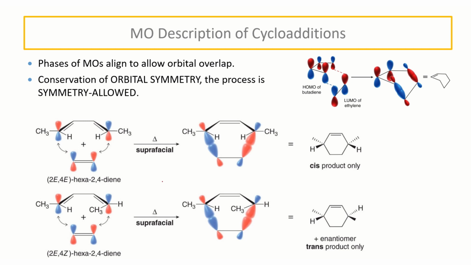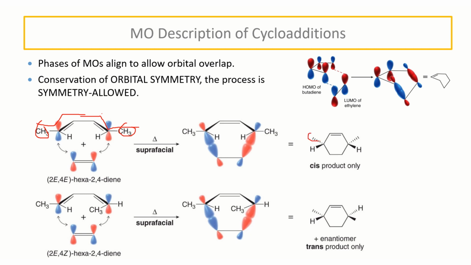Here you can see exactly why the stereochemistry that results when we have this cycloaddition, in this case Diels-Alder, occurs. So here we have a molecule, we can see that it is E, and here also we have E. And we stated when we had EE, then of course both of these groups will be on the same side of the cyclohexene ring.